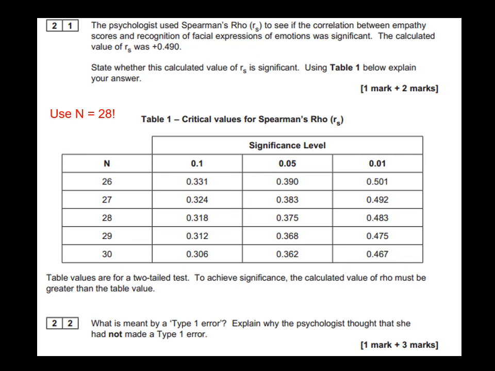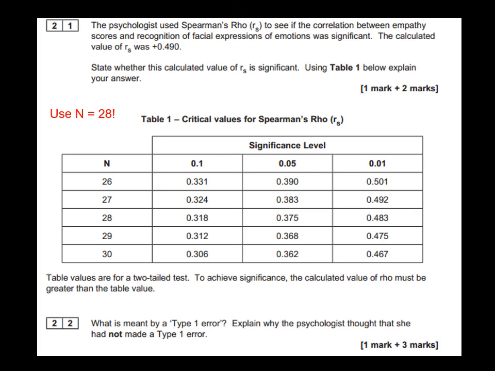If you have a look at the findings here, it's significant at the 0.05 level. However, it's also significant at the 0.01 level. So it's significant at the 5% level of chance, and it's also significant at the 1% level of chance.